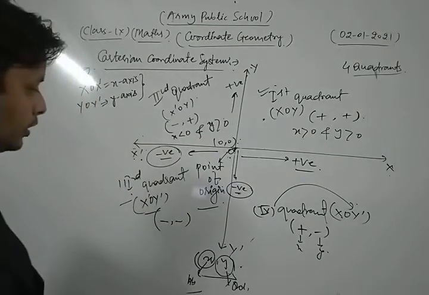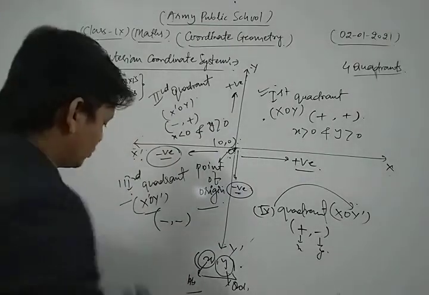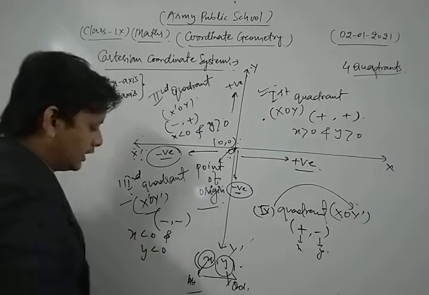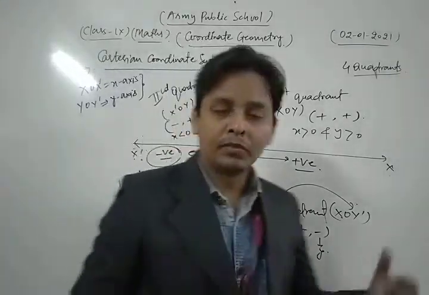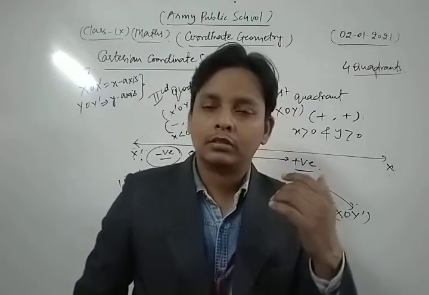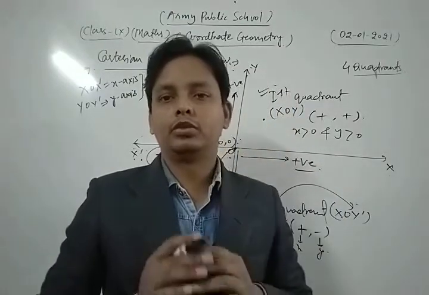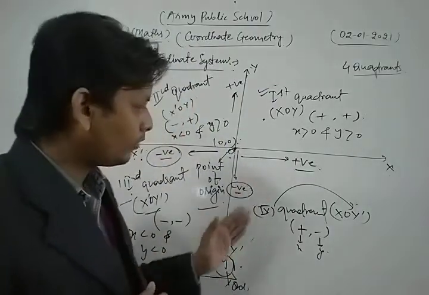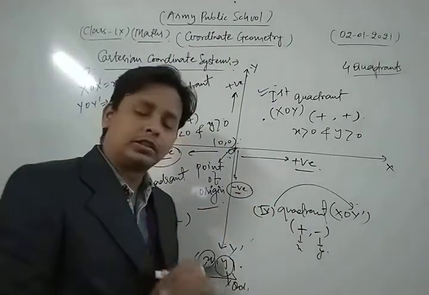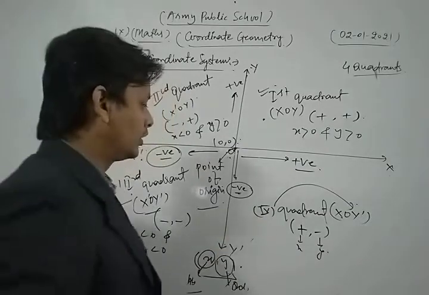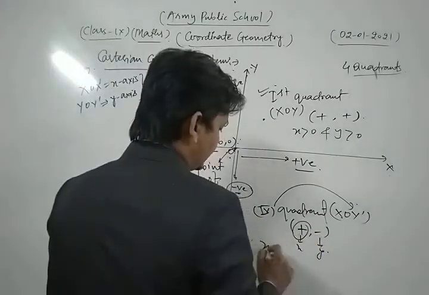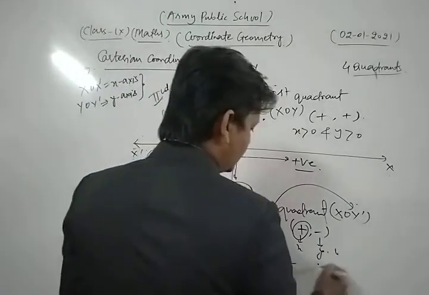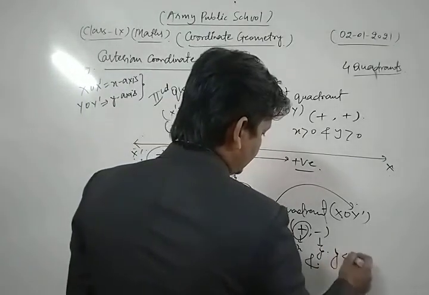In the third quadrant both are negative, so x is less than 0 and y is also less than 0. In the fourth quadrant abscissa is positive, means x is greater than 0, but ordinate is negative, means y is less than 0.